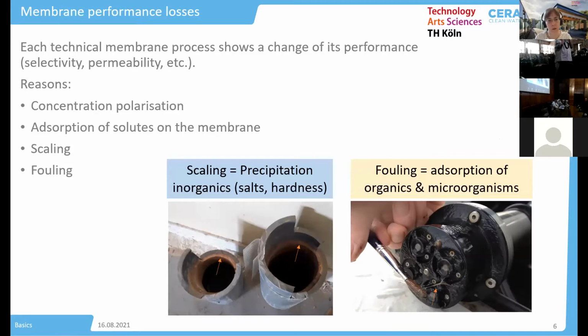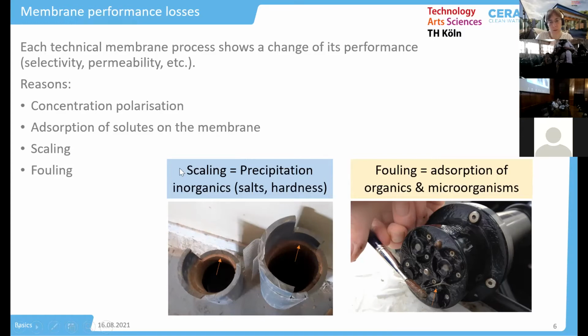And the control of these performance losses is one of the very important points in process development, in process running, and especially in membrane material development. And I know that there's a lot of focus at this conference on membrane fouling and how to avoid membrane fouling by process development or material development.